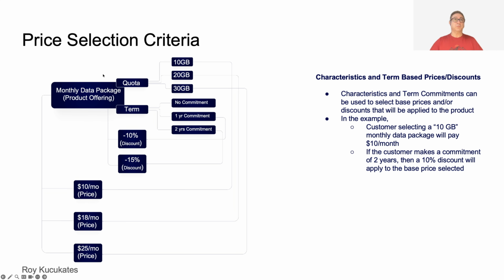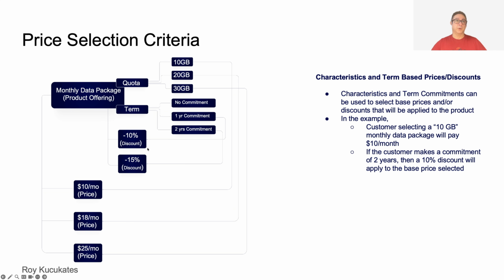So you define one product offering, very flexible, with different recurring charge prices, which are selected based on characteristic values. And again, you can assign the discounts that can apply for the commitment. Like, you're buying a 10 gigs monthly data package for $10. If you make a 1-year commitment, you get a 10% discount during that 1 year.